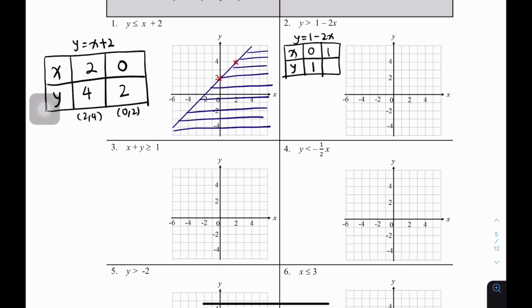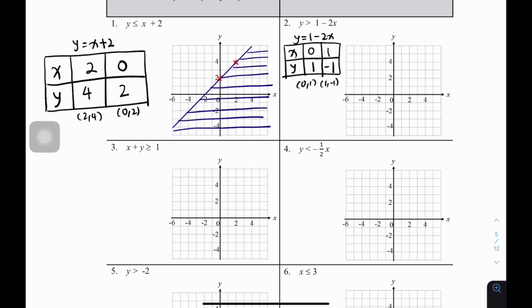So when x equals 1, we have 1 minus 2, which is negative 1. Next kita plotkan coordinate. Over here we have 0, 1. Next one we have 1, negative 1.